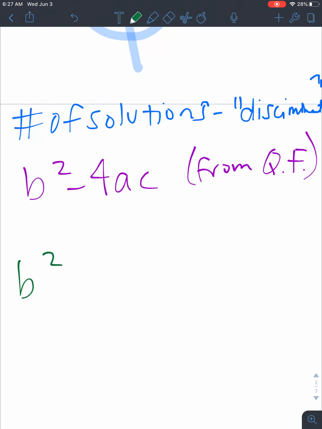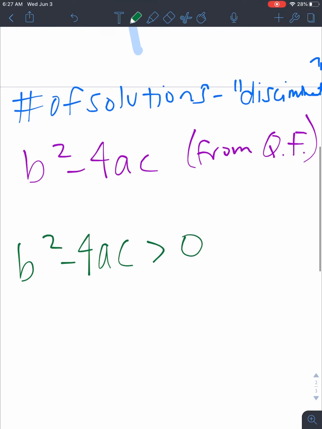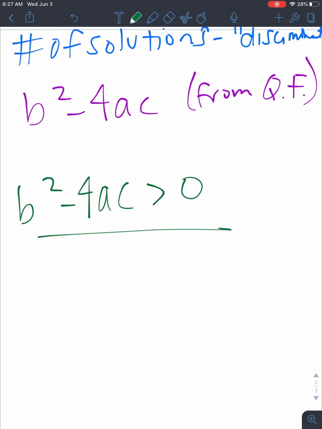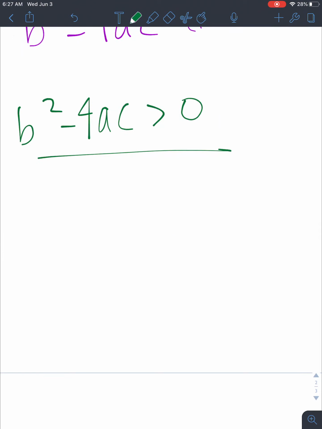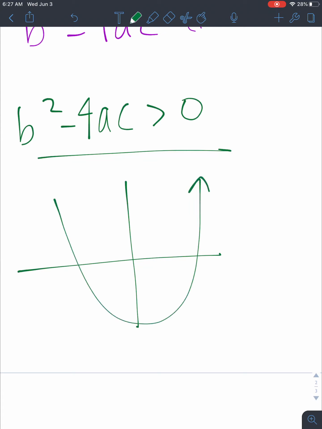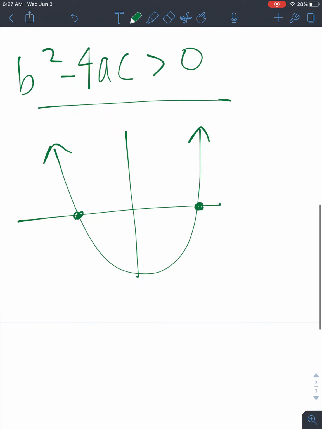Alright, so if we have b squared minus 4ac, if that's greater than 0, then we have two real solutions. So the graph crosses the x-axis at 2 spots.